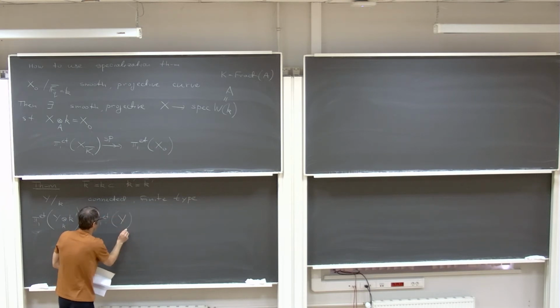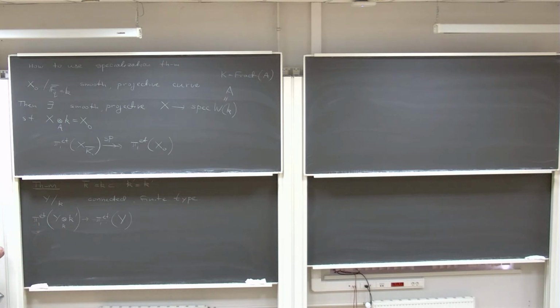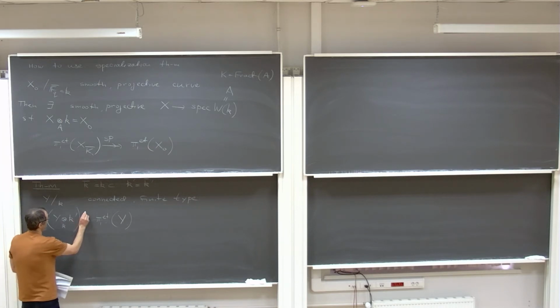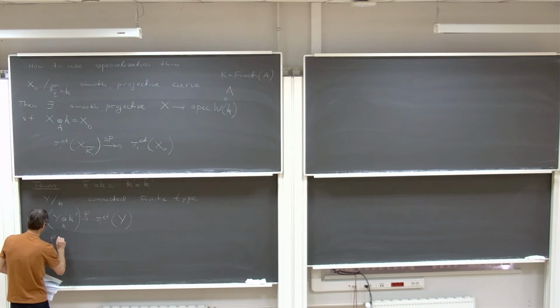Well, then there are two assertions. First, let's give a name to this map: phi. Phi is surjective.